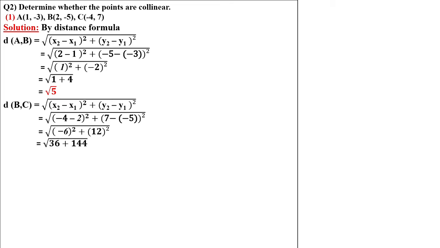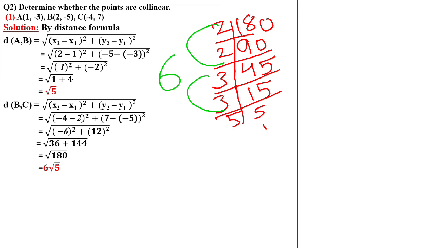Minus 6 square is 36, 12 square is 144. So adding these numbers we get 180. We do the factorization of this 180 and we get 6 under root 5.